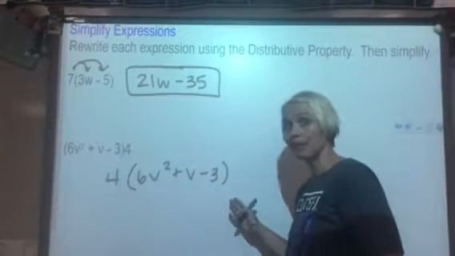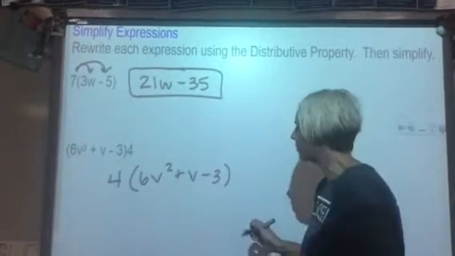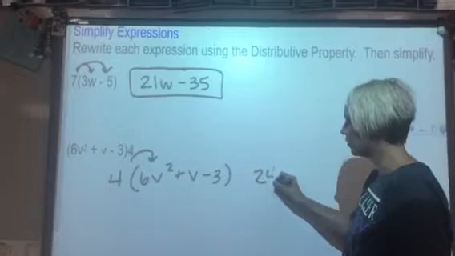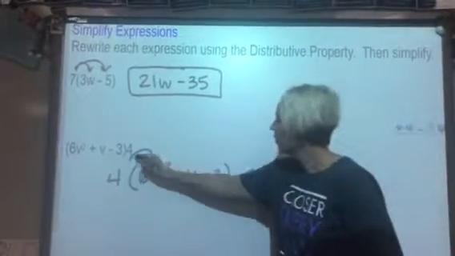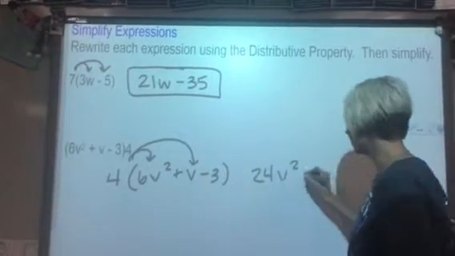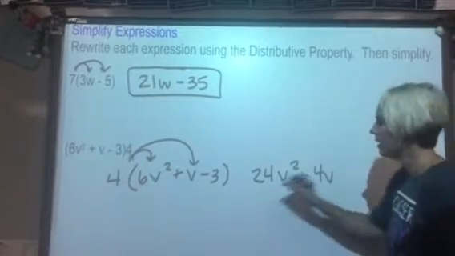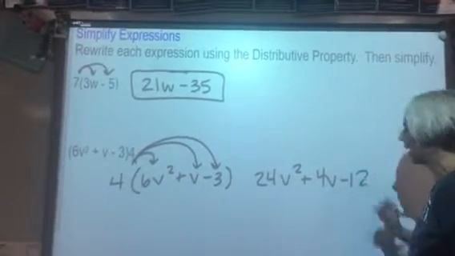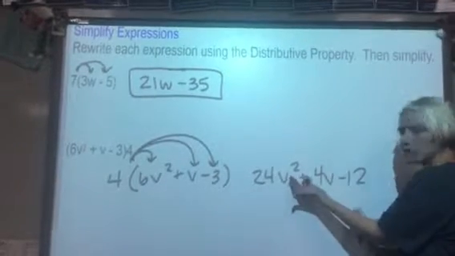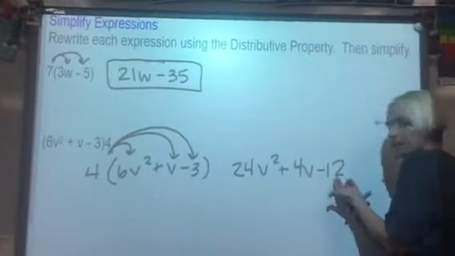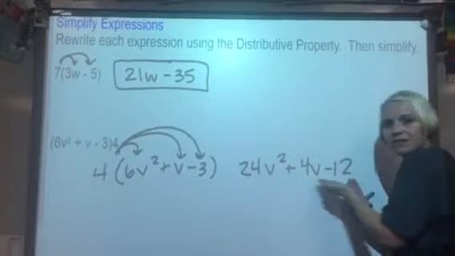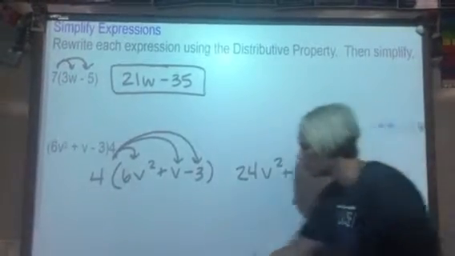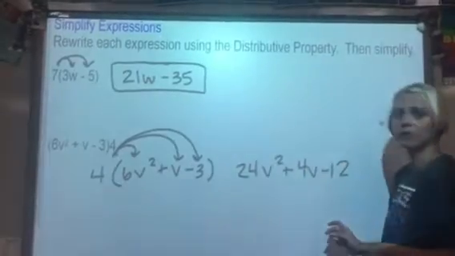I would like you to rewrite it so that it really looks like distributive property. 4 times 6v squared would be 24v squared. 4 times v, and see this is a plus, so it's 4v, minus 4 times 3. And if you look here, these are v squareds, these are v's, this is something else, so this is completely simplified. We'll talk more about that in a second. So you can work an example on your own here in just a moment.